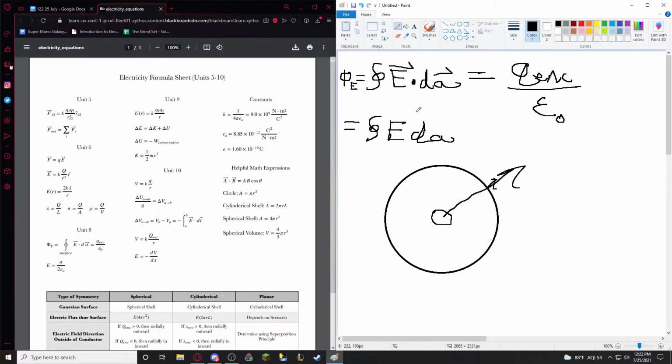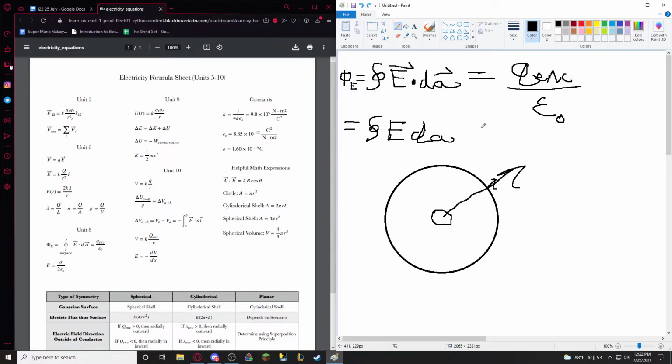Okay. So then what do we do from here? Well, it still equals the closed surface Q over epsilon naught. Yeah, obviously that's still equal. But what do we do to simplify this further? We can move E out. Why is that?